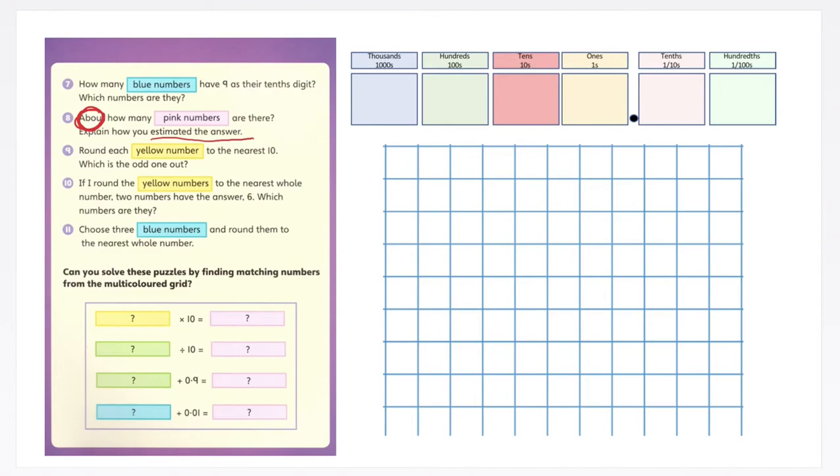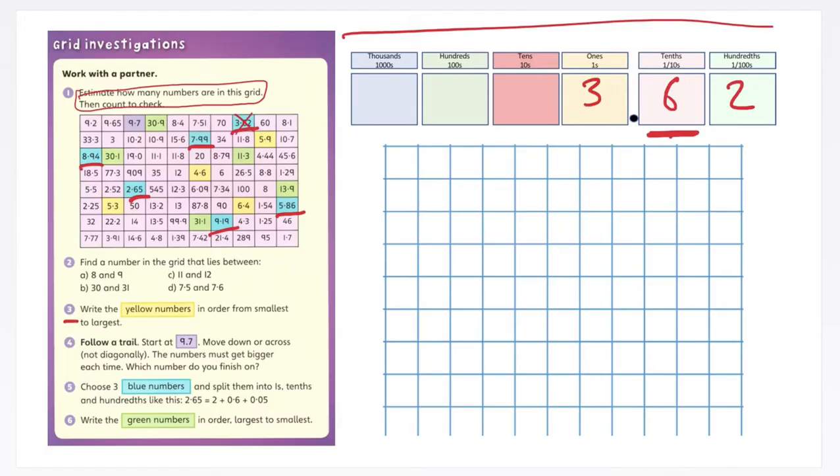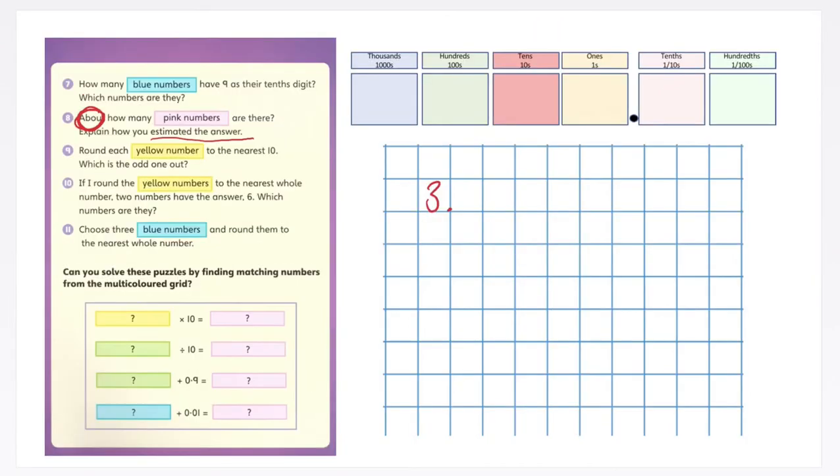Round to the nearest yellow number. Round each yellow number to the nearest 10. Well, if you had something like 3 point... What yellow numbers are they? Yeah, they're one-digit numbers. 3.64. We're rounding to the nearest 10. That means we're looking at this column.